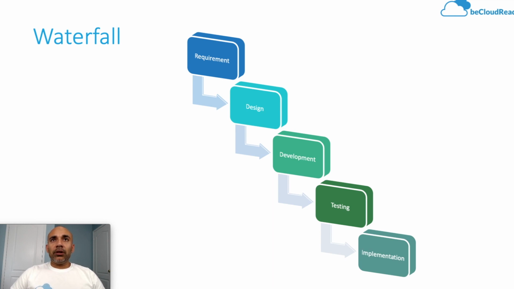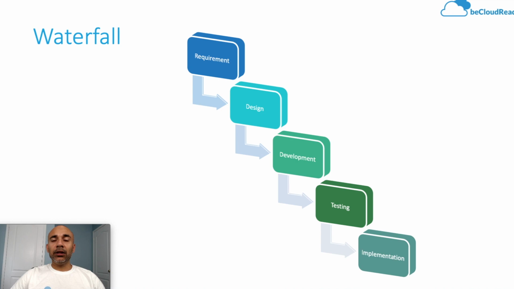So let's talk about what SDLC is. SDLC stands for Software Development Lifecycle. People have predominantly used it synonymously with waterfall. So anytime you're talking about an SDLC, they're talking about a software development lifecycle based on the waterfall model. In that, you start with requirements. You gather the requirements, and requirement gathering could take a lot of time.